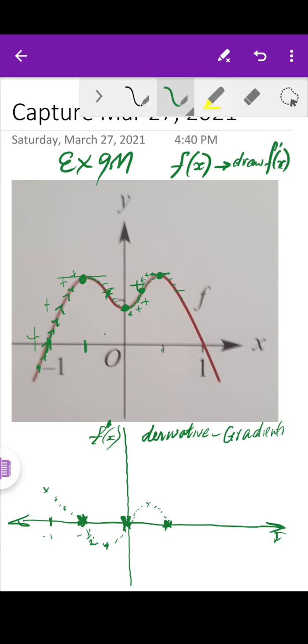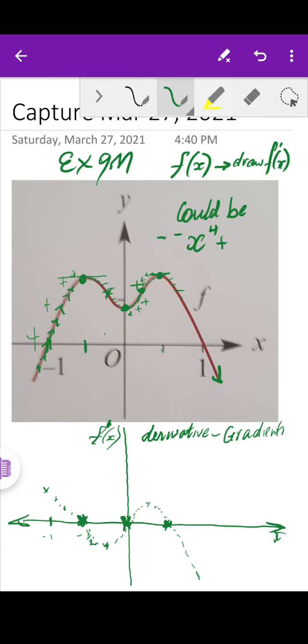Now we're in the negatives, and it's going to go to a negative value. And notice this has 3 turning points, so it could be an x to the power of 4, and it could have a negative leading coefficient.